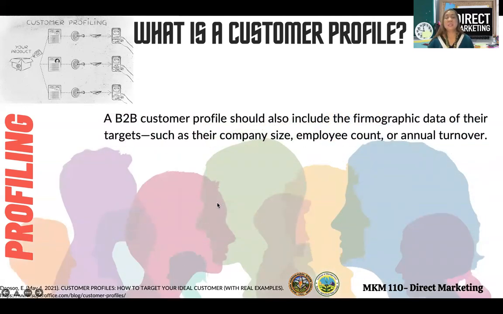A business to business customer profile should also include the firmographic data of their targets, such as their company size. The company size is it a corporation, a sole proprietorship, or a cooperative, those kinds of types. And the employee count, how many employees are working in that company, as well as the annual turnover.